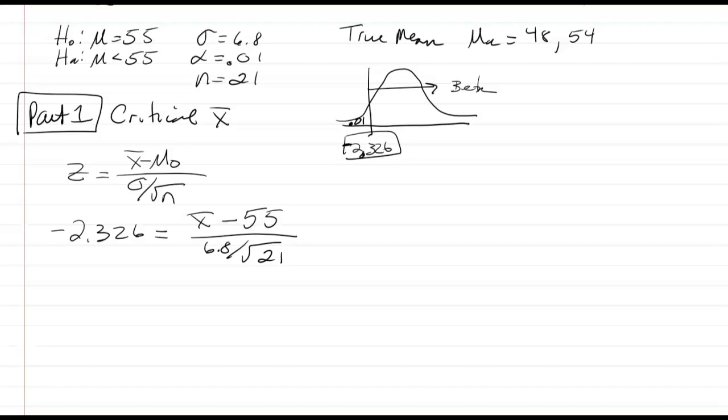Now, you will see different versions of this formula, because if you rearrange the formula for Xbar, you'll get different versions. So you might see something like mu plus or minus or both, depending on left-tailed, right-tailed, or two-tailed, z times sigma over the square root of n.